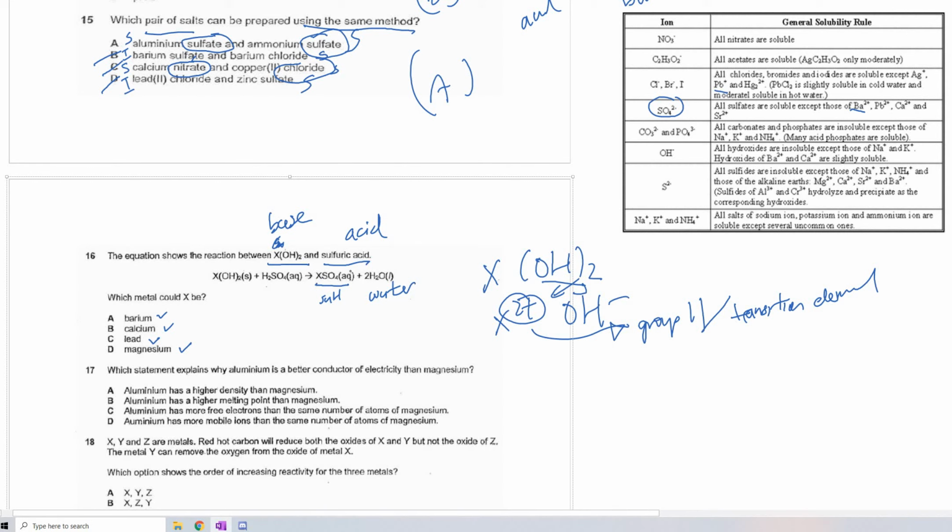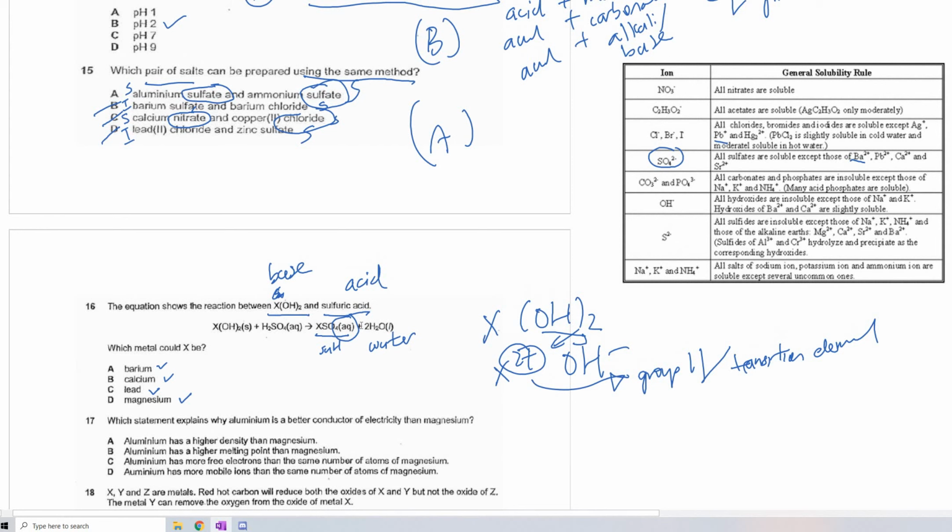What we can deduce is by looking at the state of the salt. So the salt formed is soluble sulfate. Let's take a look at the solubility table. We know that barium sulfate is insoluble, so barium cannot be the answer. Similarly, calcium sulfate is also insoluble, so it cannot be the answer.